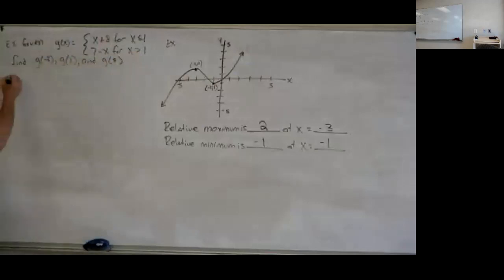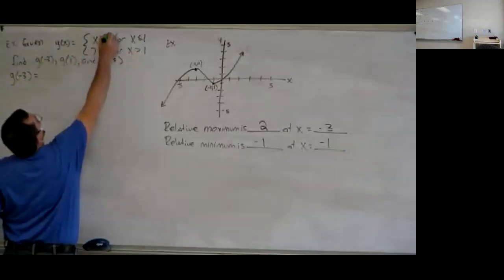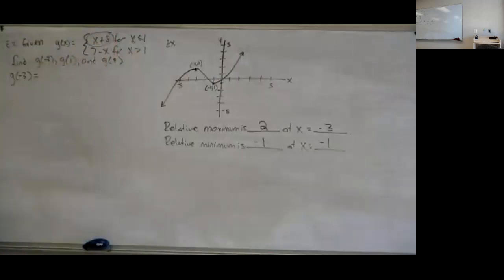So for g of -3, would y'all use the top equation or the bottom? So let me ask y'all this. Is -3 less than or equal to 1? So definitely less than, right? So we're going to use this equation, x plus 8, since my x is less than 1, okay?